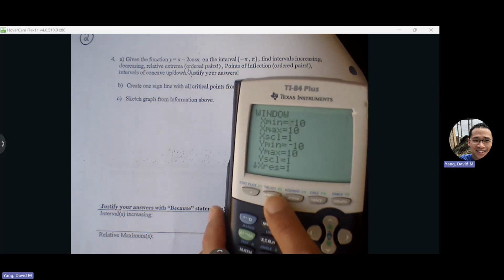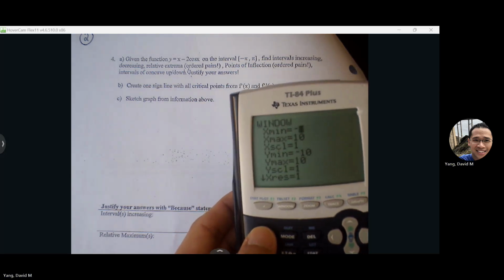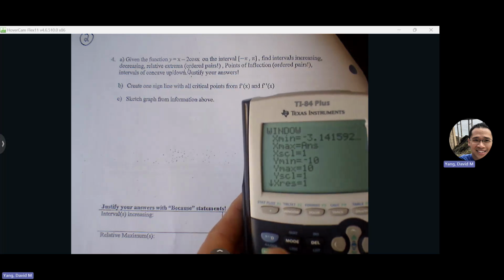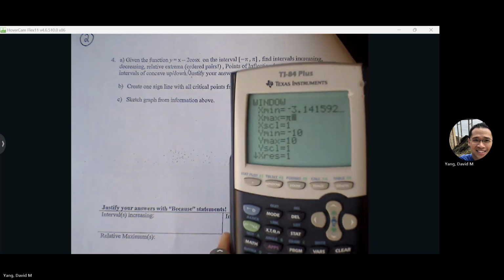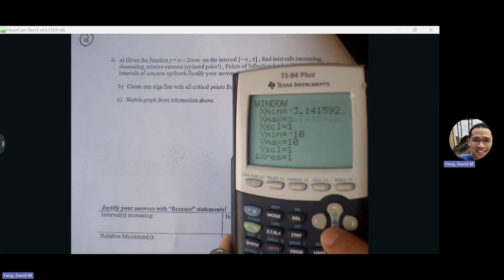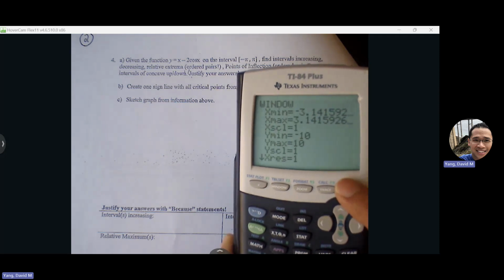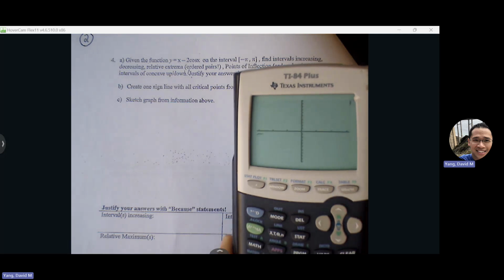So under window, you can adjust x min, x max to from negative pi to pi. I have y min, y max, negative 10 and 10, but we can always go back and adjust that if it's not as clear as we would like. Hit enter.